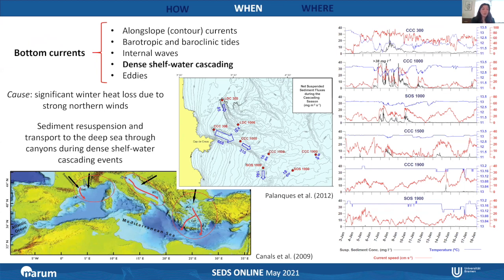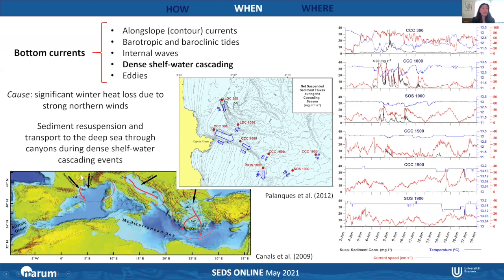And I would like to now talk briefly about the shelf water cascading, because these are events that can be relatively short in time, but they can have a very profound effect on the circulation of some areas, and also on the formation of contourites, especially in the Mediterranean Sea. There are three main areas of dense shelf water cascading: the Gulf of Lions, the Adriatic Sea, and the Aegean Sea.